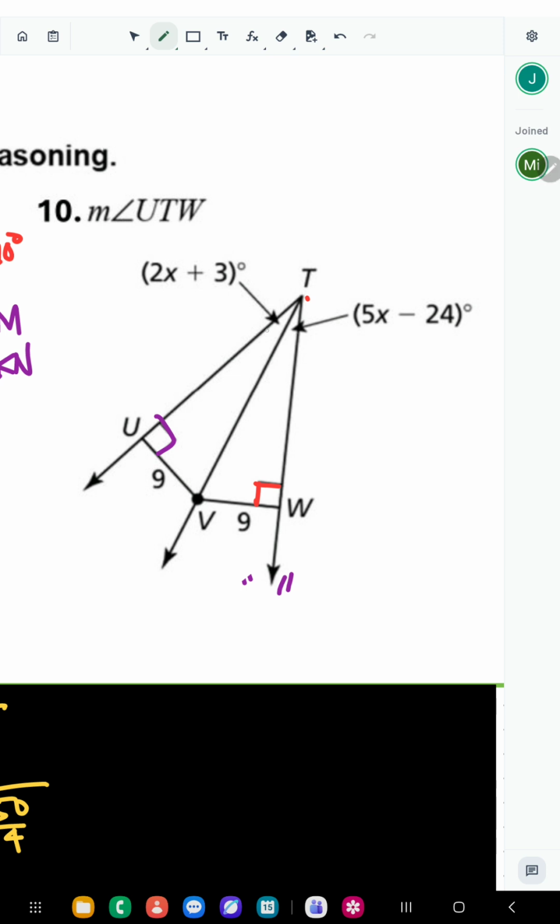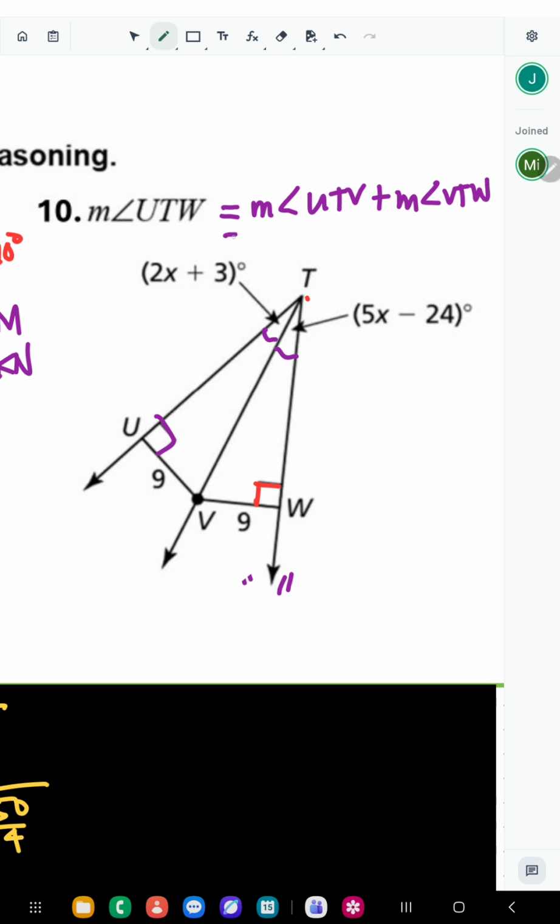So that means this angle here is congruent to this angle, right? Angle UTV and angle VTW. And we are asked for the measure of angle UTW. So angle UTW is just equal to the measure of angle UTV plus the measure of angle VTW.